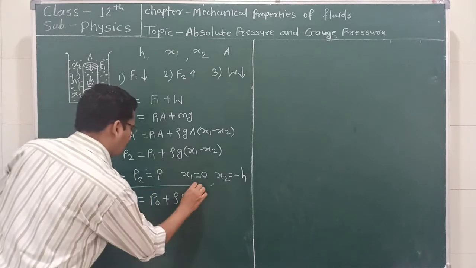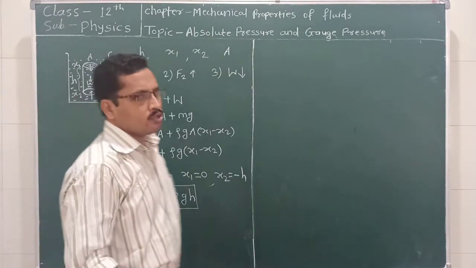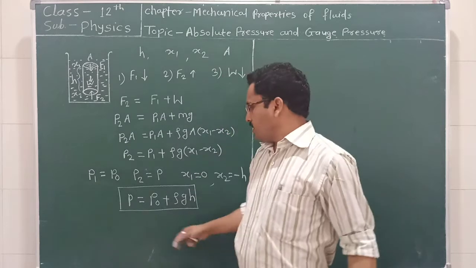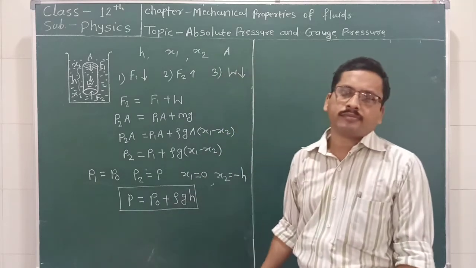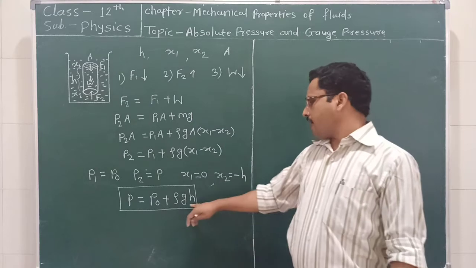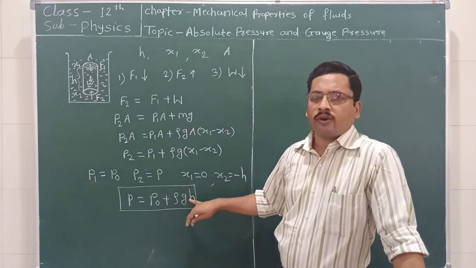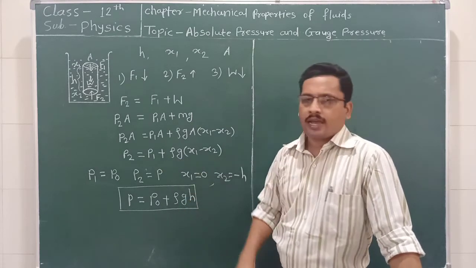This is the equation by which we can determine two types of pressure: the atmospheric pressure applied due to the weight of the fluid in the atmosphere, and the pressure due to the liquid column at height h.